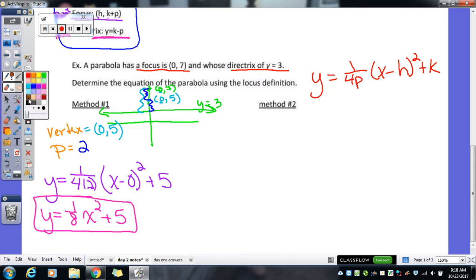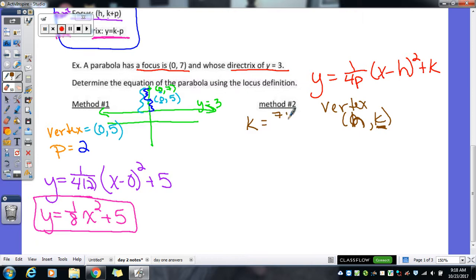So that's one way of doing it, making that little graph, and then you can find the information that you need from there. Another way of doing it, what some people do, is in order to find the value of k, which if you remember in your vertex, k is your y value, you could take the average of your focus and your directrix.